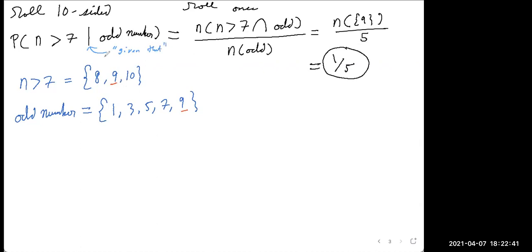What is the probability that the number is greater than 7, given that it is an odd number? So we're guaranteed it's an odd number, and then we're just trying to find the probability of rolling a number greater than 7. If it was greater than or equal to 7, well, then this would have changed. And I guess we could do that problem too, since I brought it up.